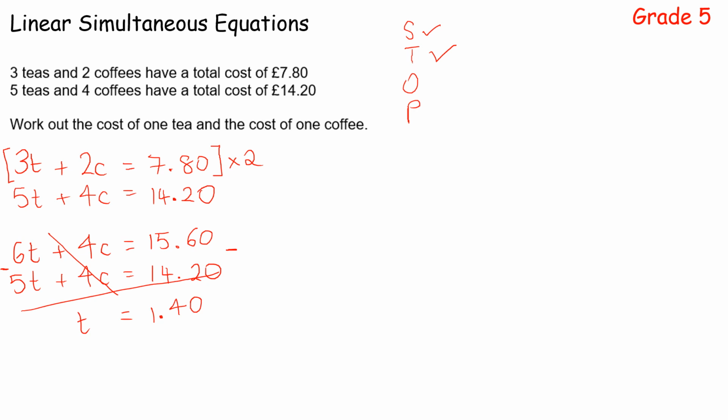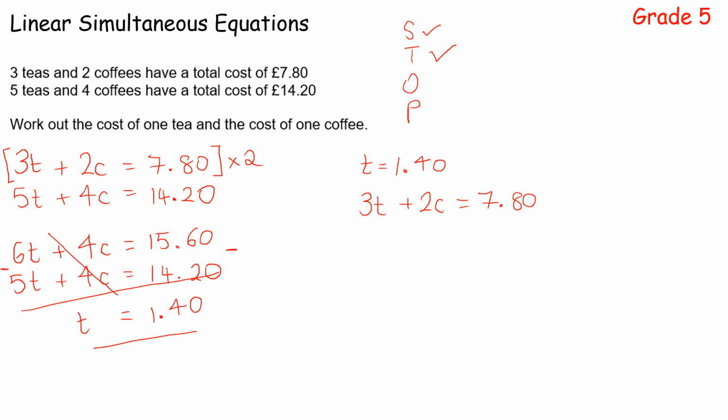Okay, now that I've worked out what T is, I am going to substitute that into one of my original equations to work out what C is, which is the price of a coffee. So let's use the first one. So we know that T equals 1.40 and 3T plus 2C equals £7.80.